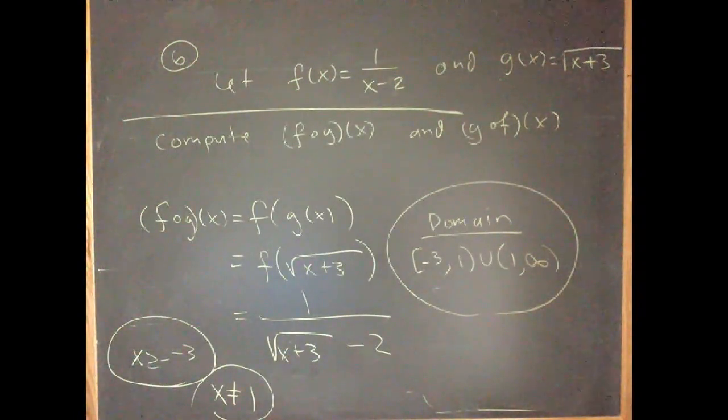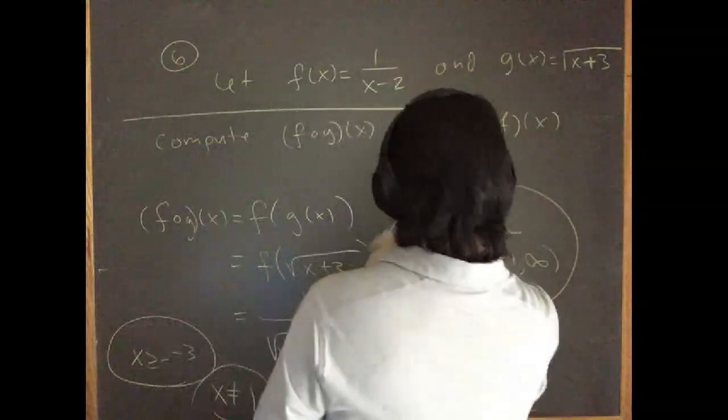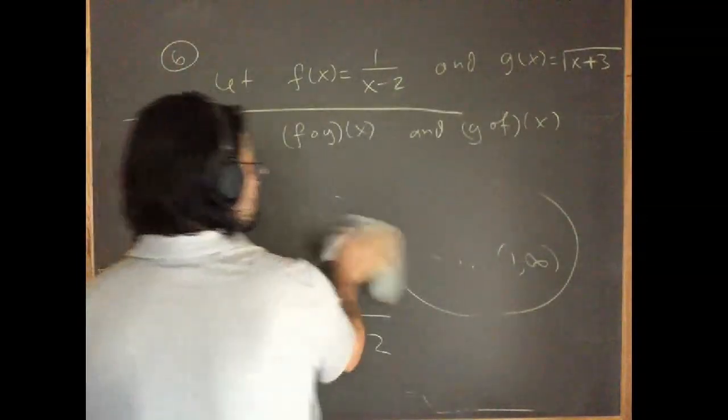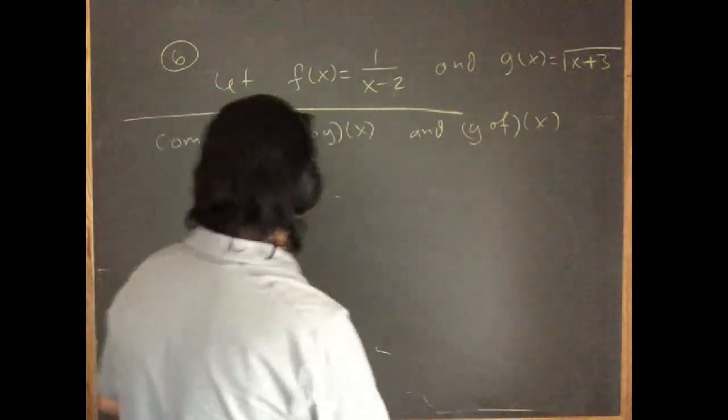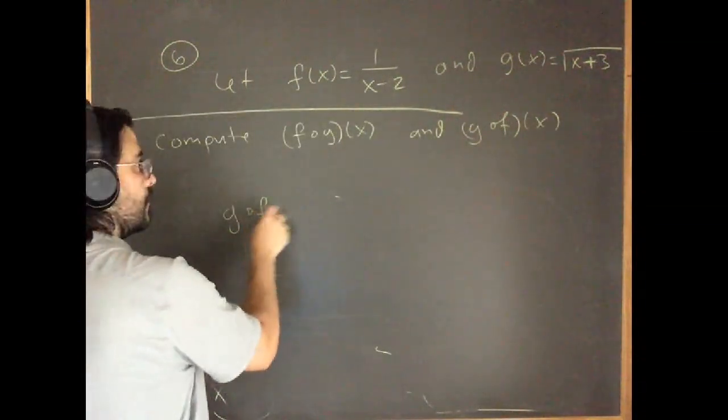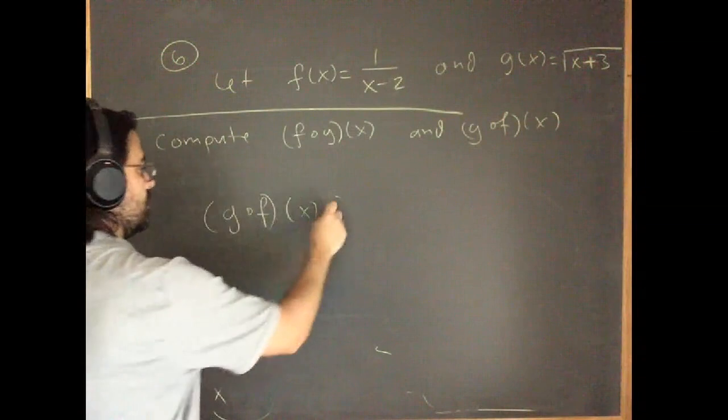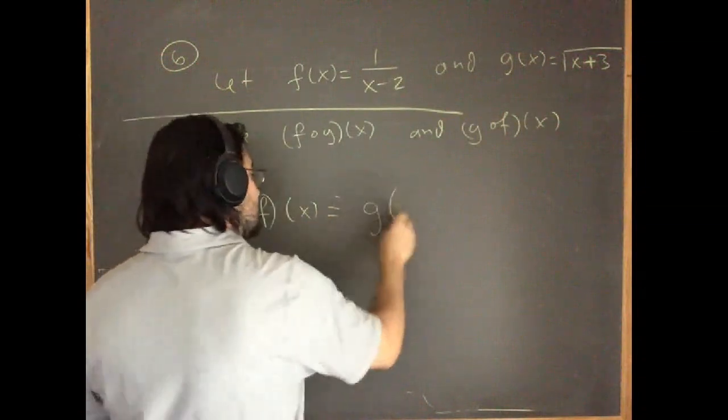But this one last question, I'm just going to do it in the opposite order here. g composed with f, and then we'll be done. Okay, so just going the opposite direction here. g composed with f evaluated at x. And in this case, that's g of f of x.